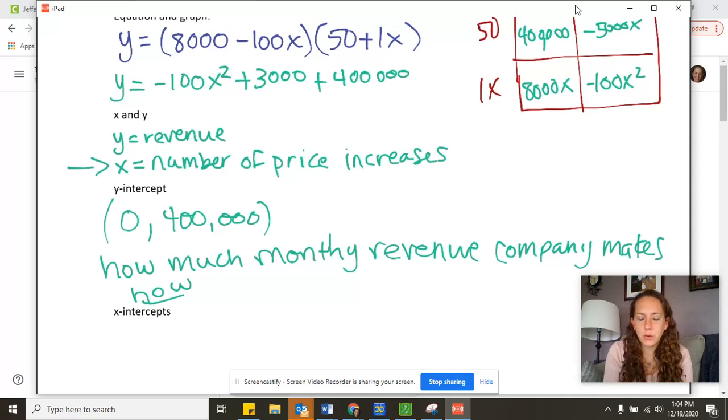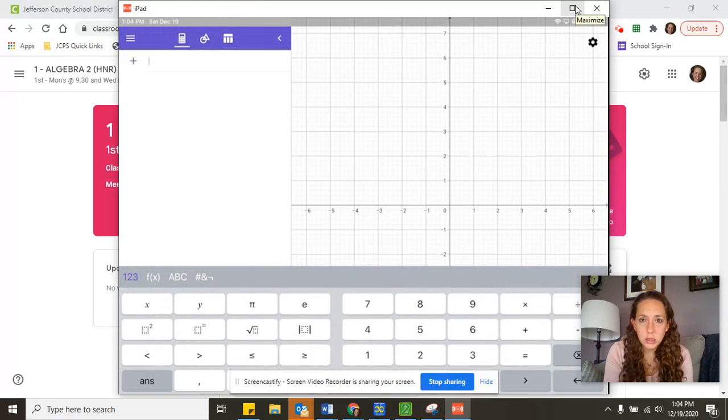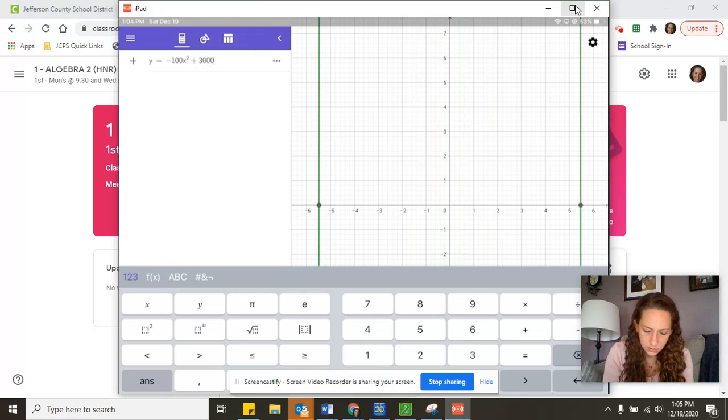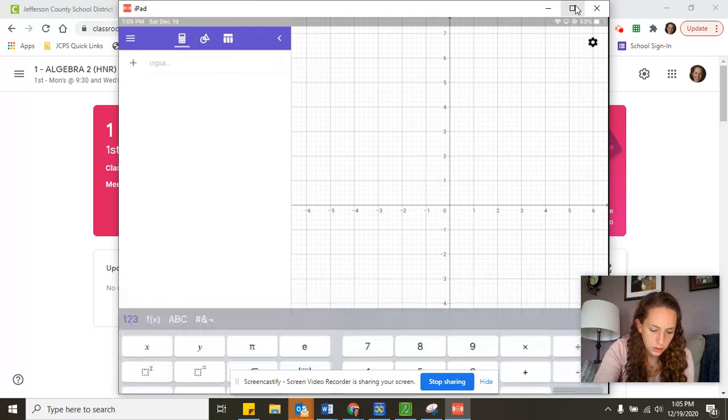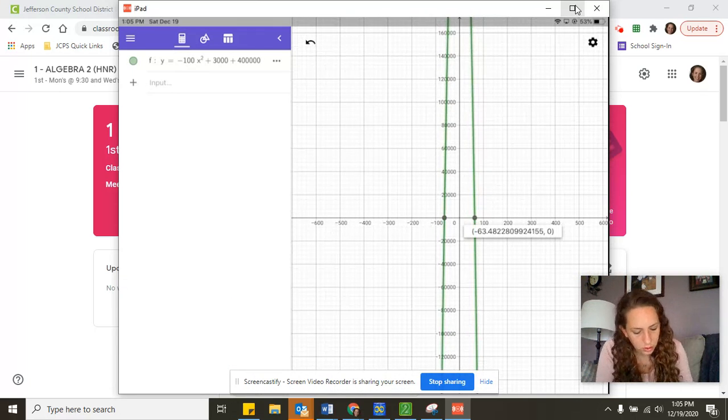Okay, so now we're going to look at, no, where did it go? y equals negative 3,000 plus 400. It's going to be annoying if I have to type this in every time.